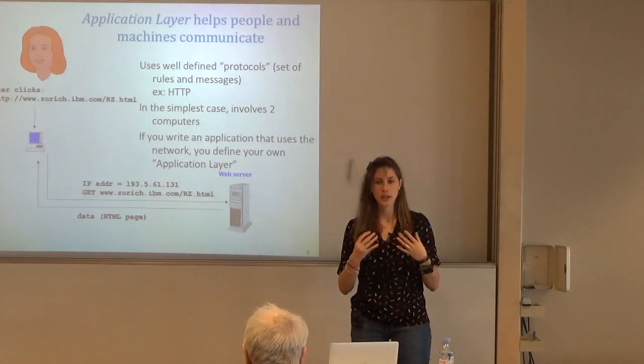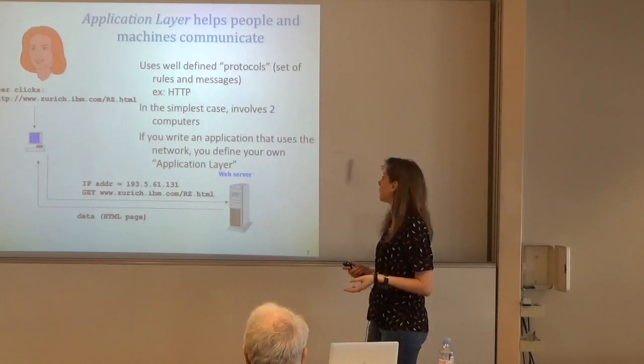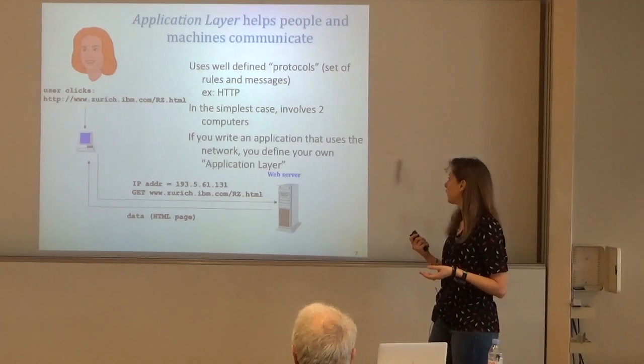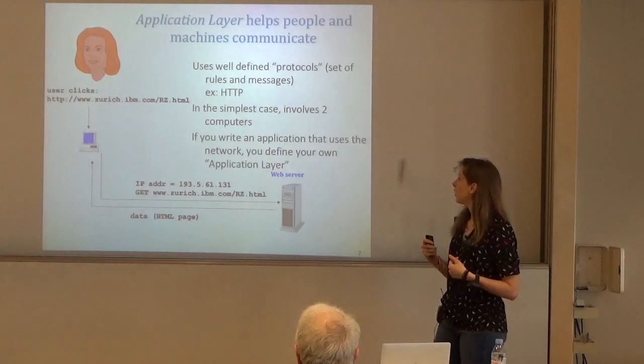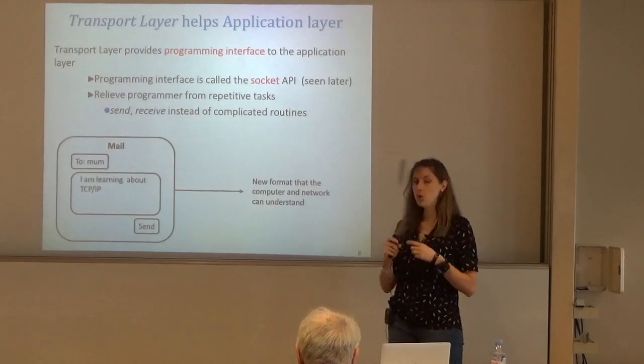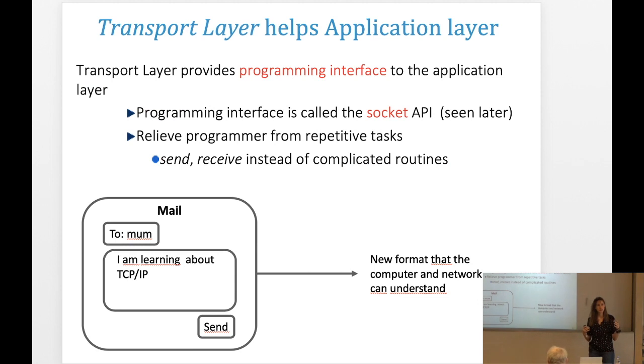You do something and you see a result. This application layer then uses the transport layer, which will translate everything that you want to do into something the machine will understand.